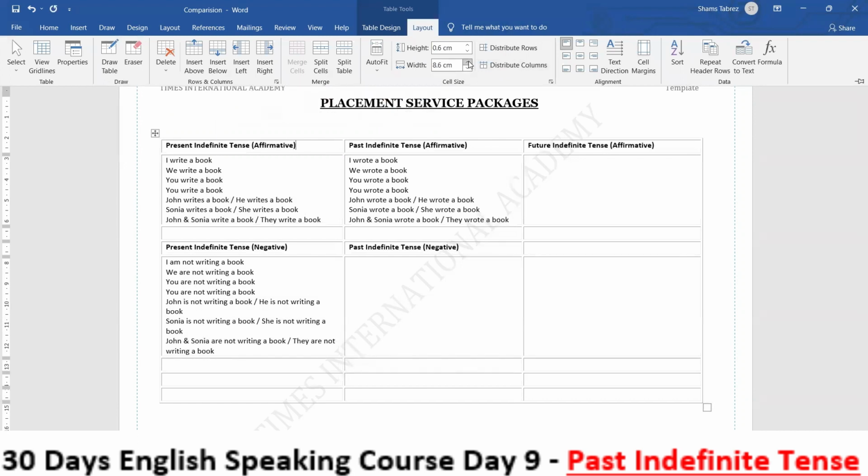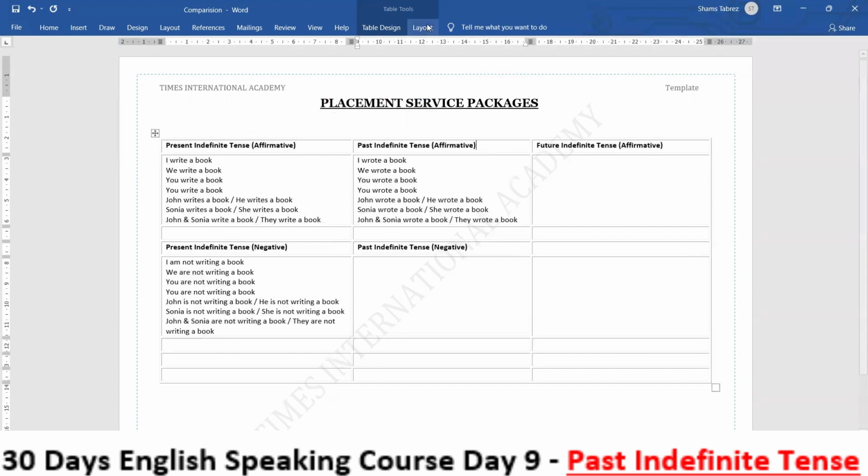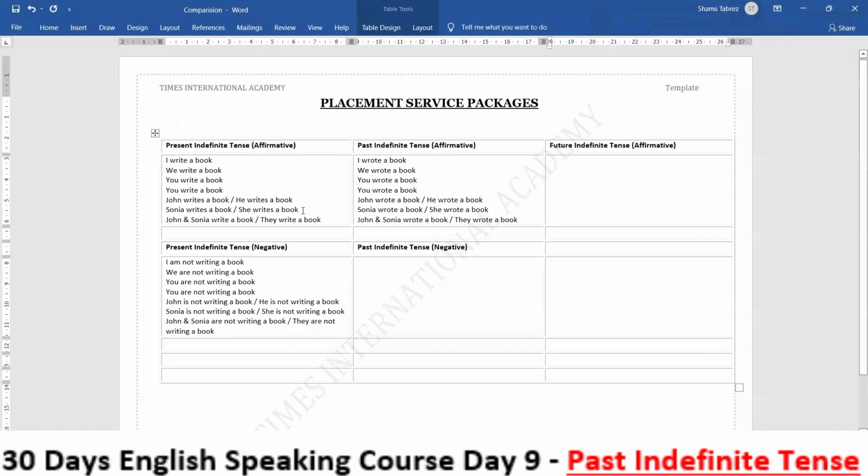Let's make 9 width here, and similarly for this also 9, and for future also 9. Right, so here we have good space available.